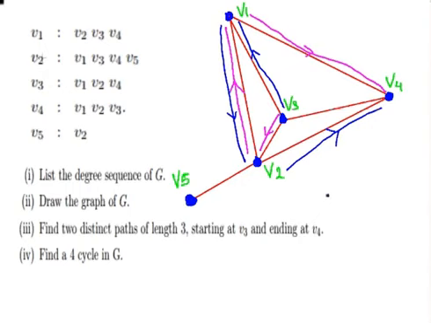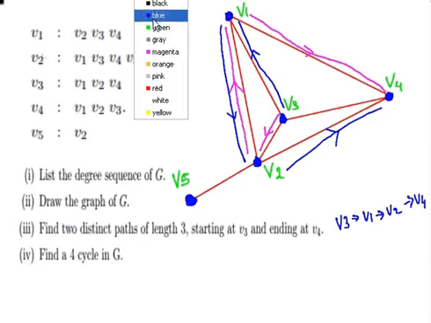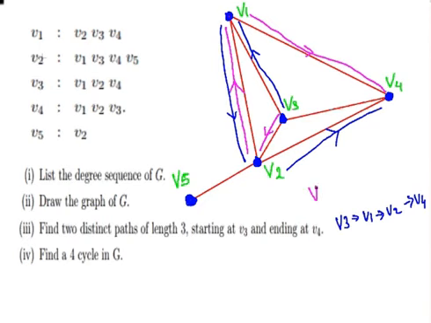So in the second case we have V3 to V1 to V2 to V4. The first case was V3 to V2 to V1 to V4. Okay, so that's two distinct paths of length 3, starting at V3 and ending at V4.